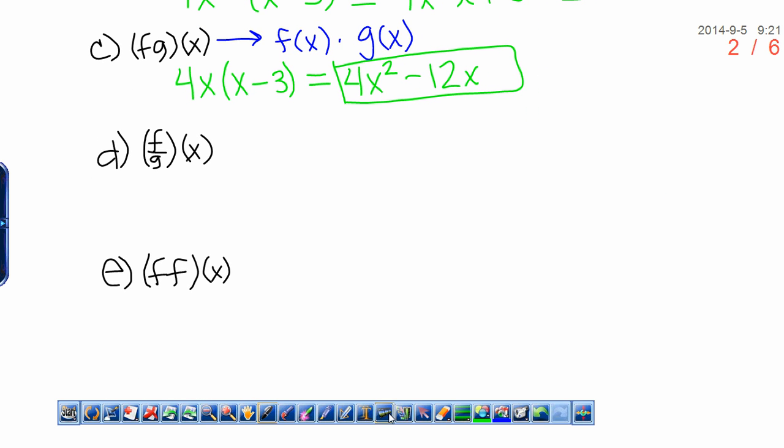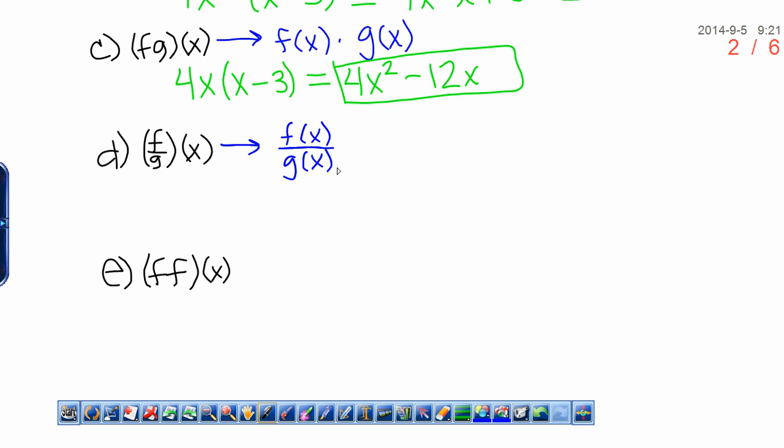All right. F over g of x. What are we going to do there? Divide. Yeah, divide what? F of x over g of x. Good. Now, on these, you're not going to simplify at all.